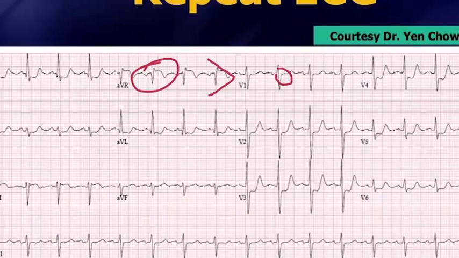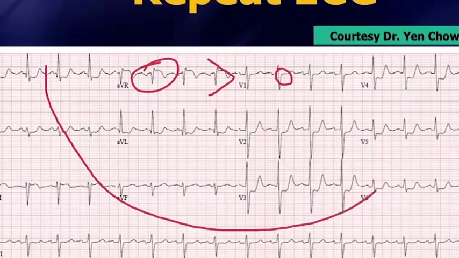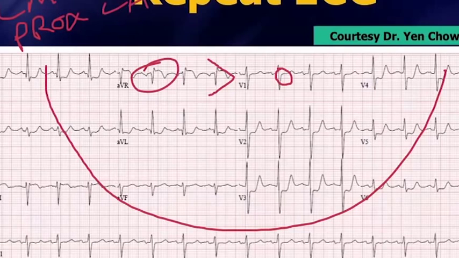One of the things that we've been taught before, we've talked about this on the EKG video series before, is that when you have ST segment elevation in lead AVR, in the presence of ST depression in multiple other leads, you need to worry about left main coronary artery occlusion, or you may need to worry about proximal LAD, or you may also need to worry about triple vessel disease. So elevation in AVR usually means one of these three things.